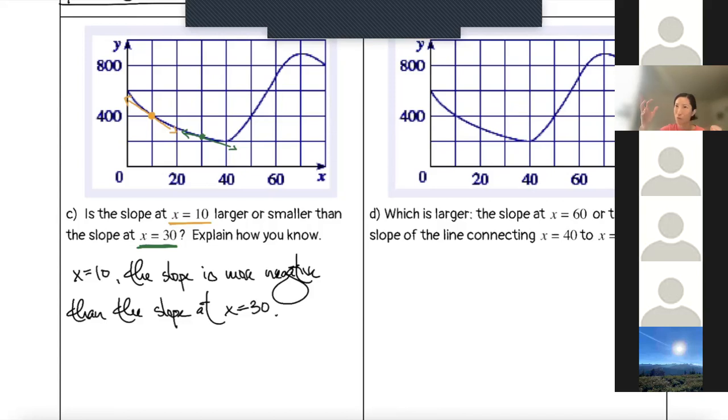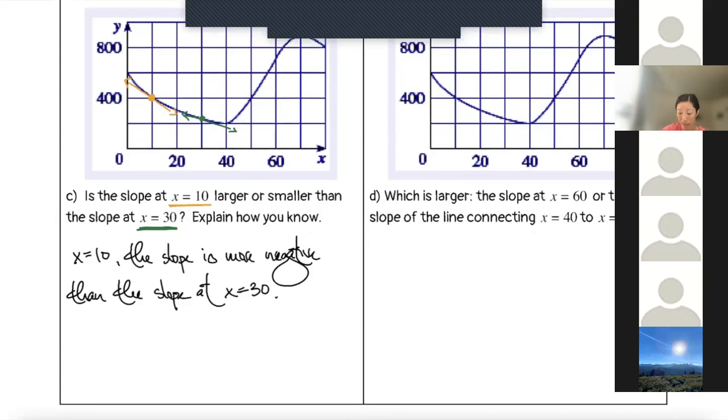And I know that's so weird for us to think about, right? On a number line, that makes sense. But this question is not asking which one is more steep, it's actually asking which one has a larger slope. And so we need to incorporate that idea of positive and negative numbers here. Okay, so at x equals 10, the slope is more negative than the slope at x equals 30.